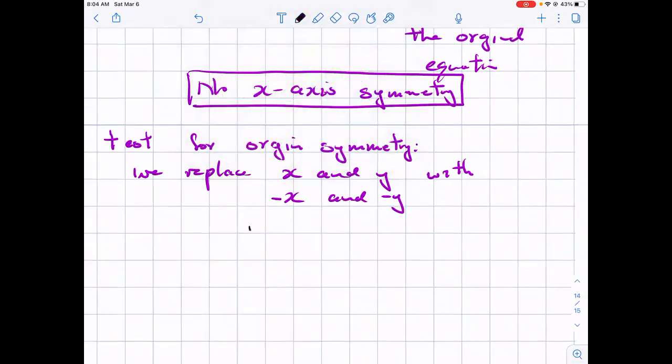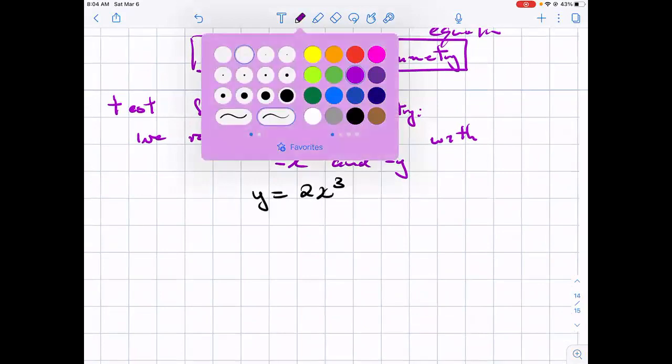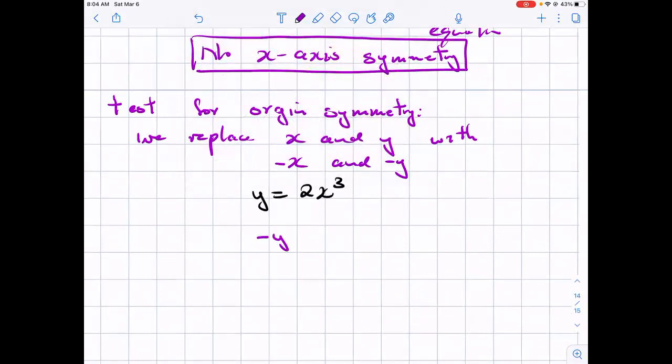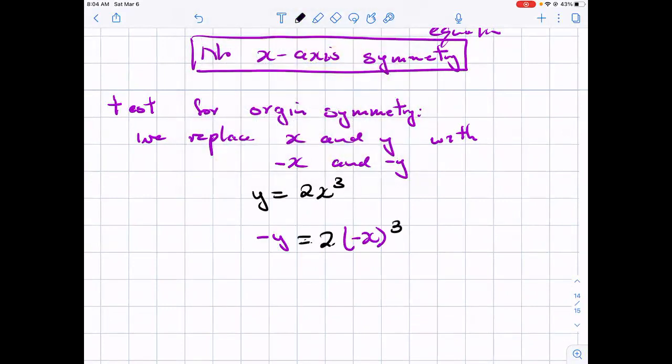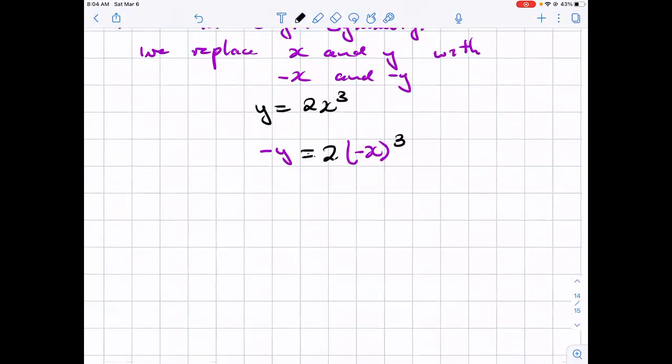My equation is y is equal to 2x cubed. So now we replace y with minus y, and that is going to be equal to 2, but we replace x with minus x also. If we do this, we end up with minus y is equal to minus 2x cubed. So y is equal to 2x cubed. Okay.